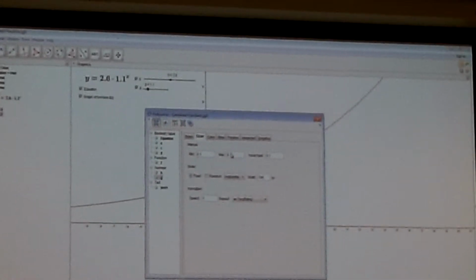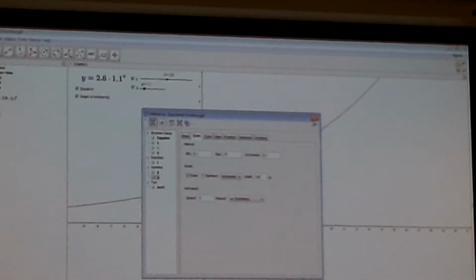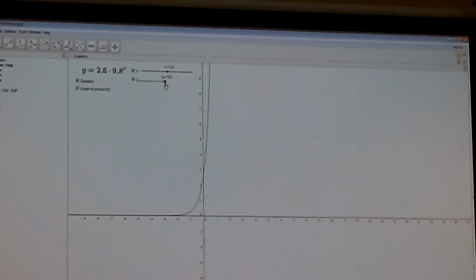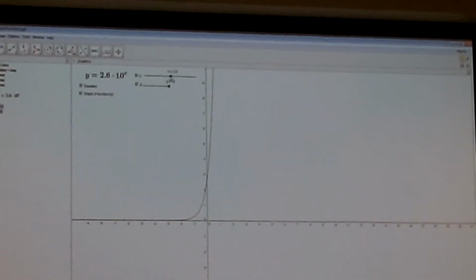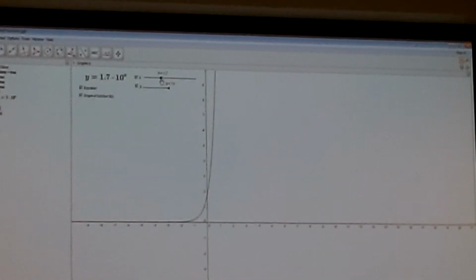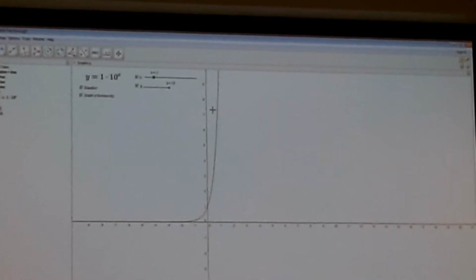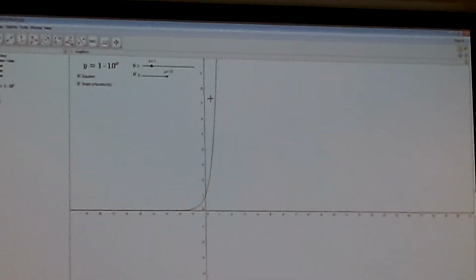And instead of going from 0.1 to 5, let's let this go up to 10. So now I can pull this all the way. Oh yeah, it's growing really fast now. And let's let our initial value be 1. So this is just kind of a fancy way to write y equals 10^x.